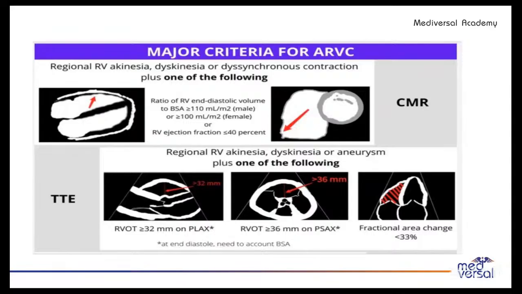In parasternal long axis, it is more than 32 mm, and in parasternal short axis view at the level of the aortic valve, it was more than 36 mm. So in ARVC, arrhythmogenic right ventricular cardiomyopathy, generally there is a dilated RVOT.